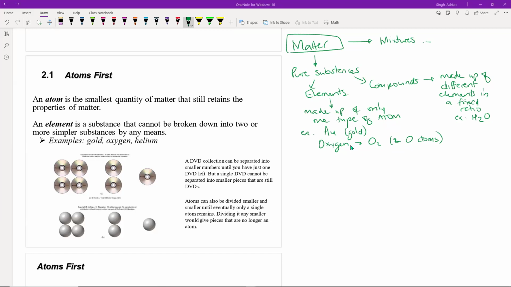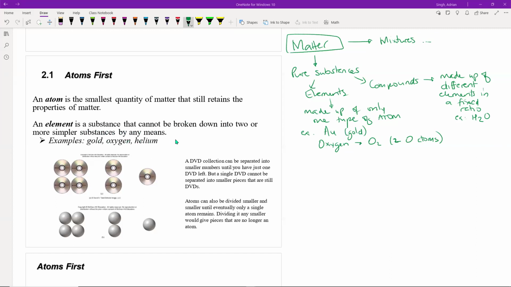So when we talk about atoms, they make up things like elements and compounds. In the case of compounds, you have different elements that are combined in a fixed ratio, like in water, you have two hydrogen atoms and one oxygen atom. In the case of elements, these are just made up of one type of atom. An element, again, is something that cannot be broken down into two or more simpler substances by any means.